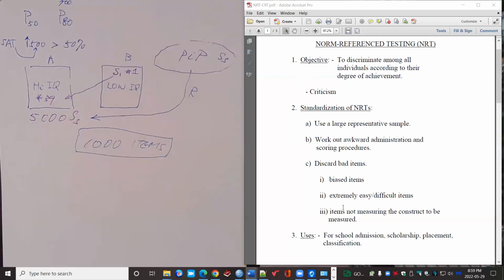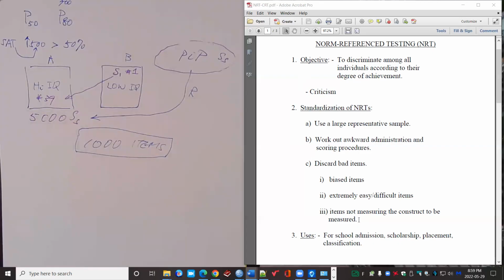Then items not measuring the construct to be measured. Let's say we are measuring math, but there is a strong verbal component in the item.